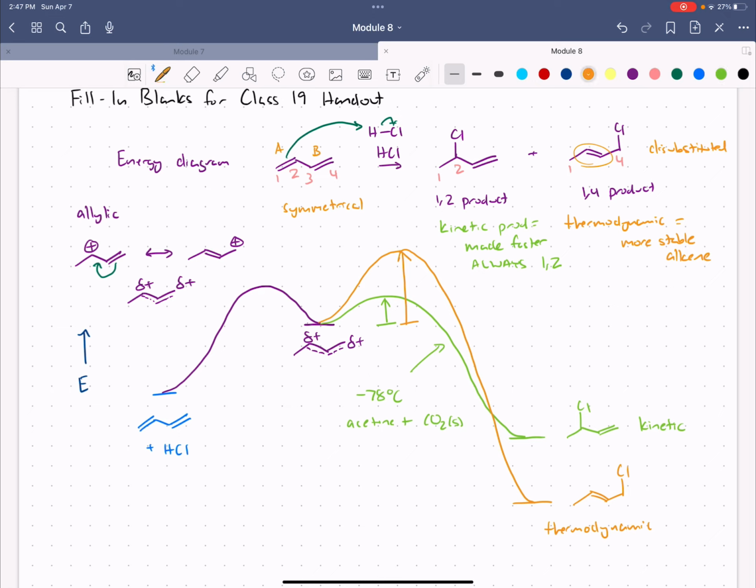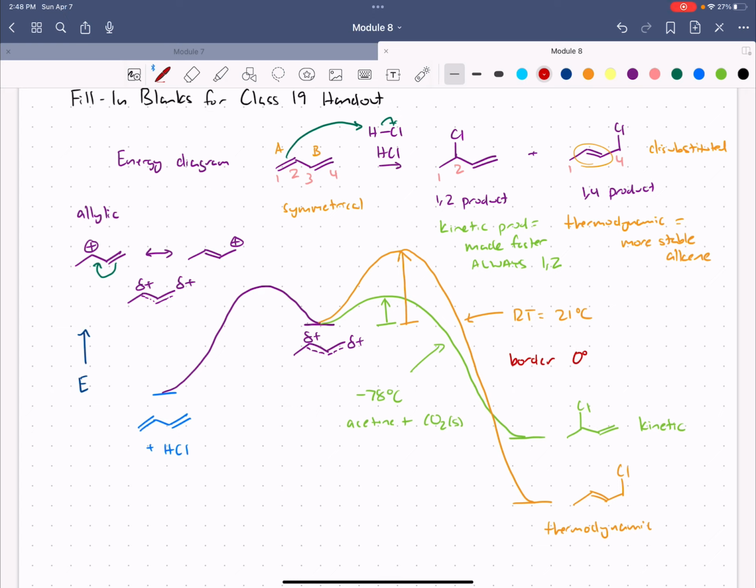And we'll say this one is maybe room temperature, which is around 21 degrees Celsius. The border, by the way, is 0. That is the border between kinetic and thermodynamic, 0 degrees. Higher than 0 degrees, aim for the thermodynamic as the major. Lower than 0, aim for the kinetic.